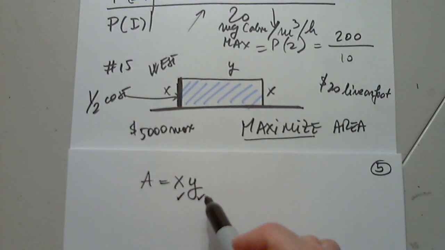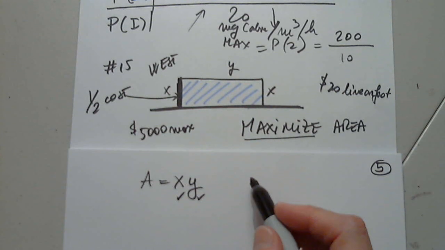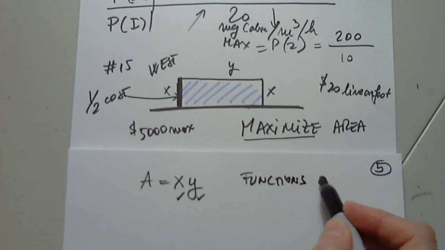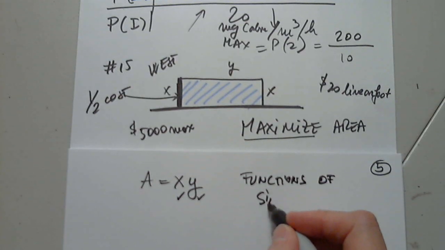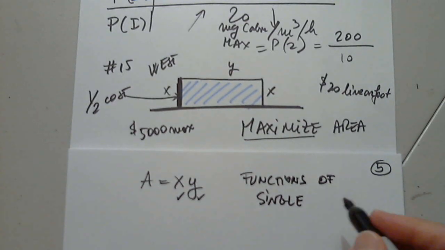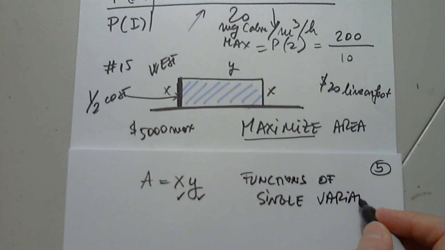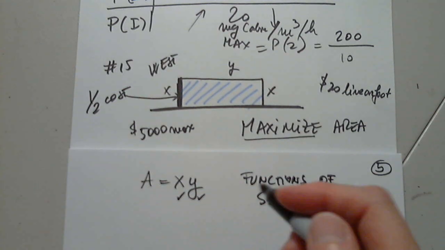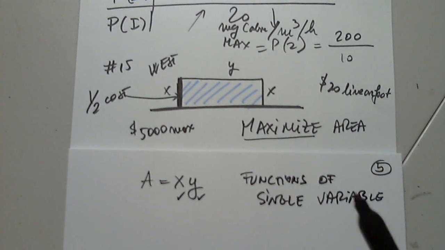In this class, in Calculus 1, we only talk about functions of a single variable. So in other words, one of these two has to go away. I can't erase it, right? I have to create a relationship or determine a relationship between the two.